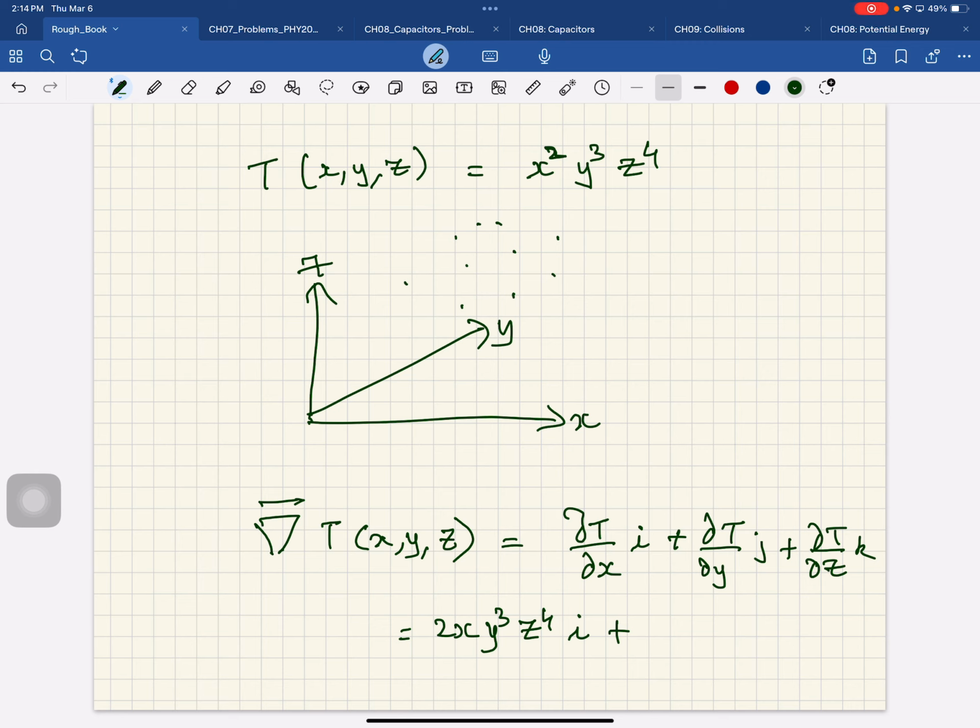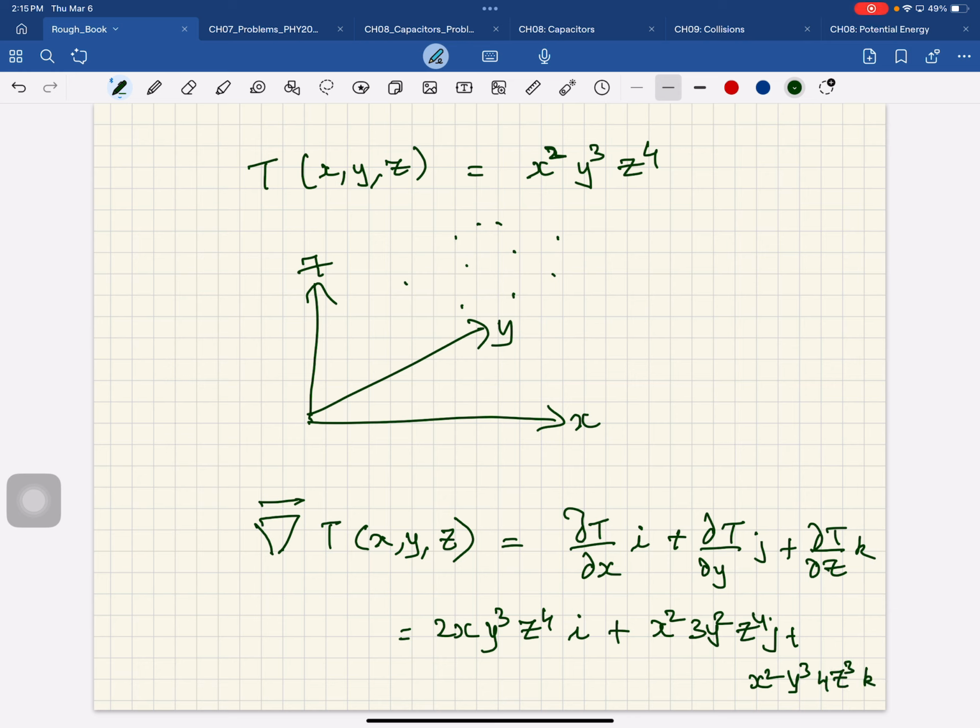It'd be x squared, 3y squared, and then z to the fourth. And then it would be x squared times y cubed times 4z cubed, times k.